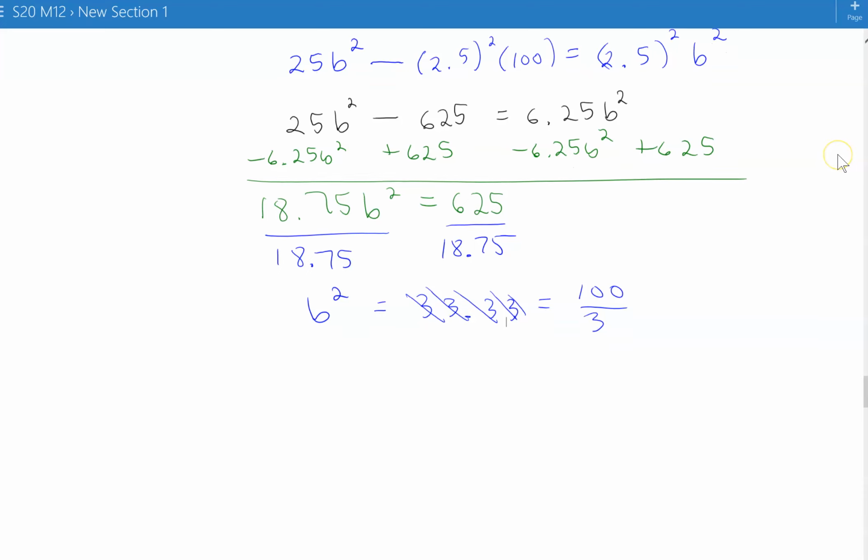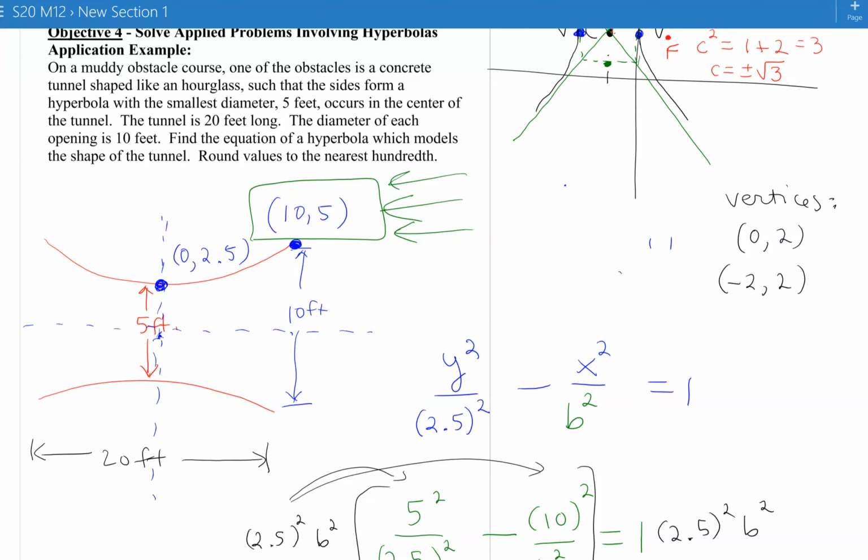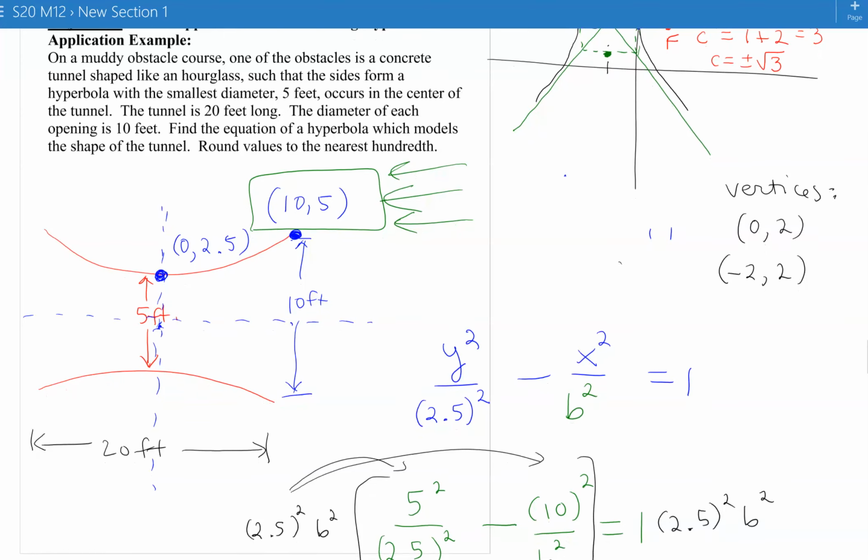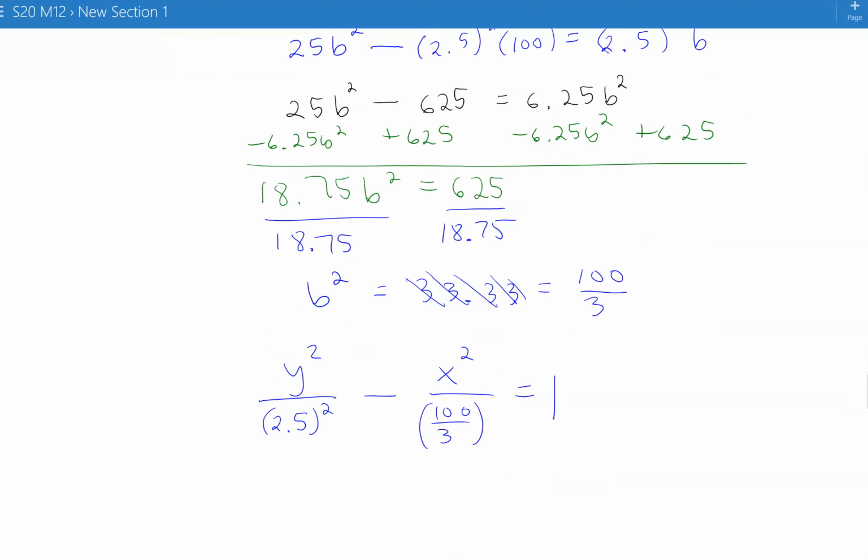So let's write our equation of our hyperbola now. We have y squared over 2.5 squared minus x squared over 100/3 equals 1. And then the question that we're being asked is to find the equation, round values to the nearest hundredth.